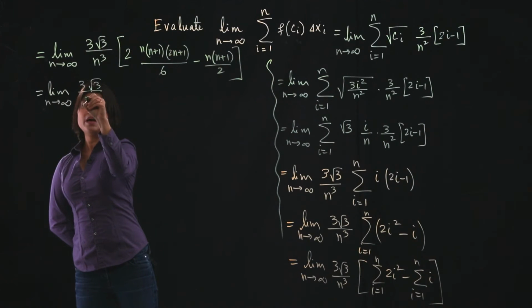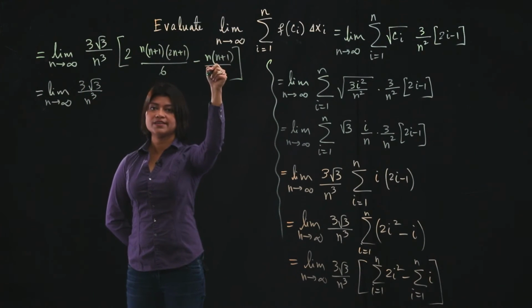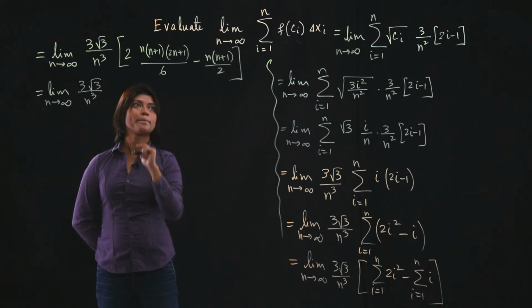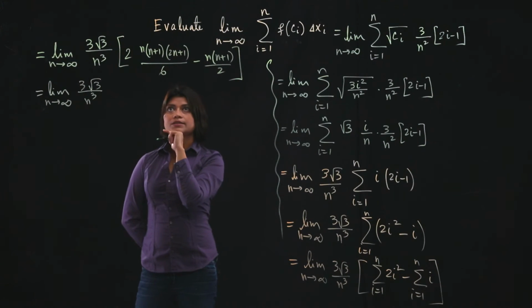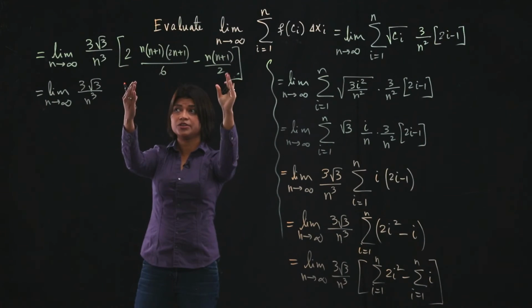So before we evaluate this limit, we have to simplify this expression inside the bracket first, and then we can evaluate the limit. In order to do that, let us add these two expressions together with a common denominator.